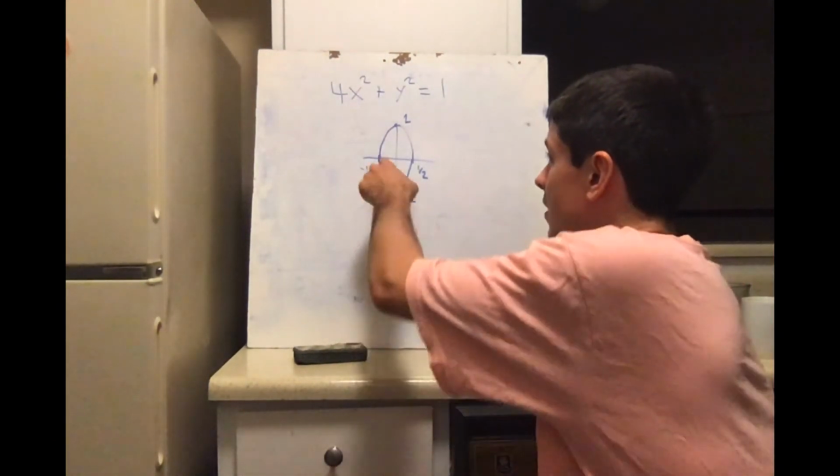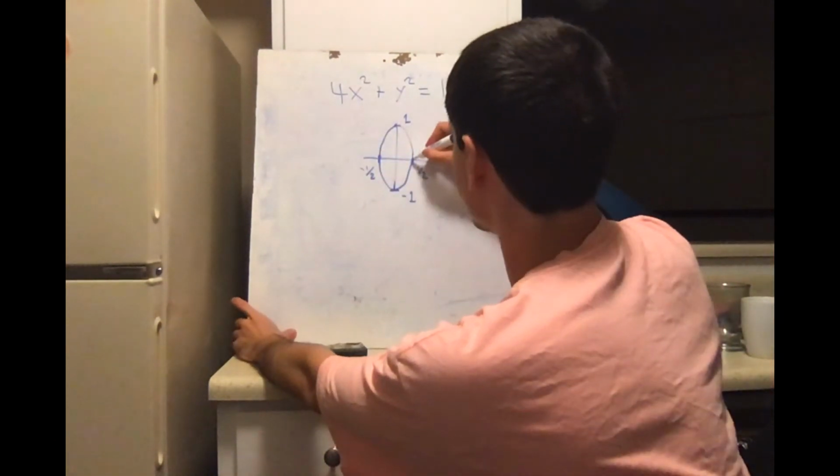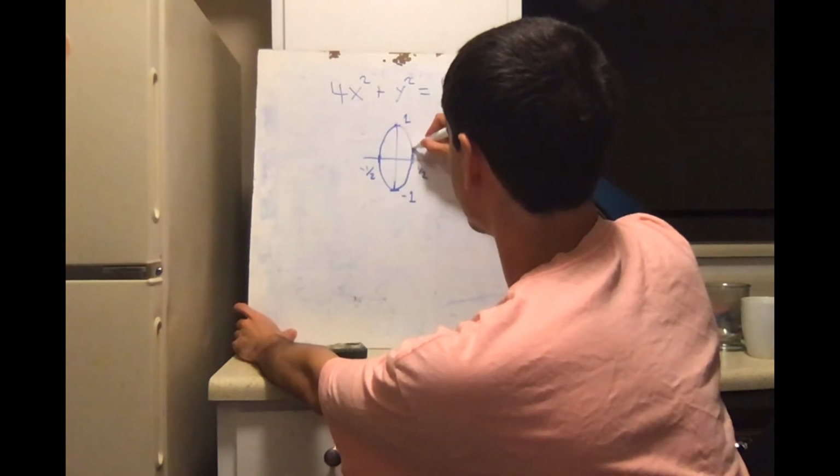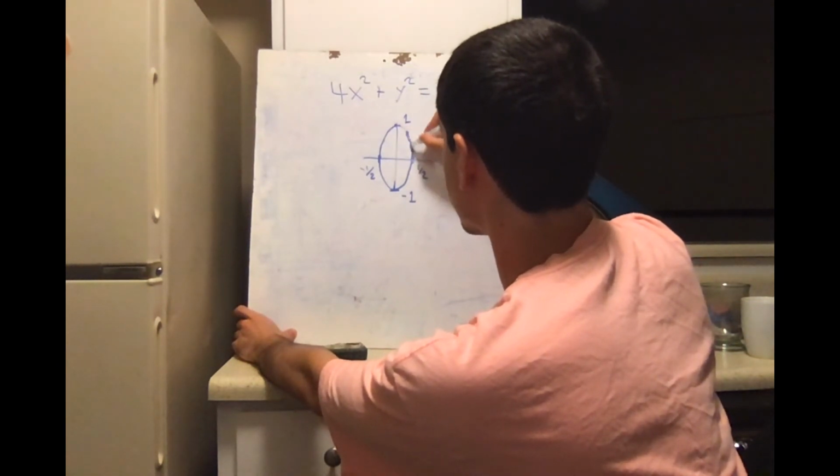So this is the ellipse, and let's say we want to measure the arc length from this point.